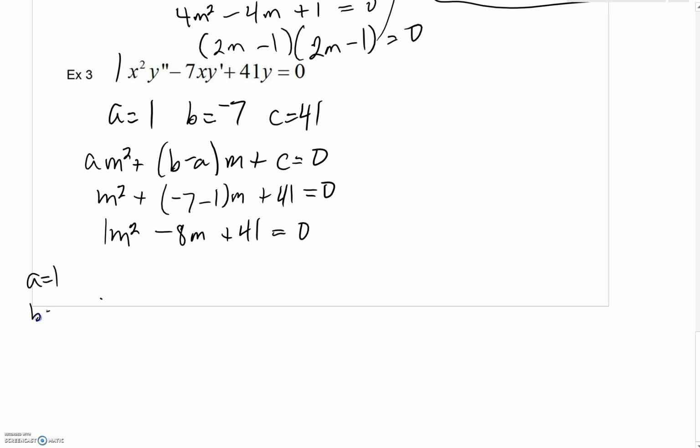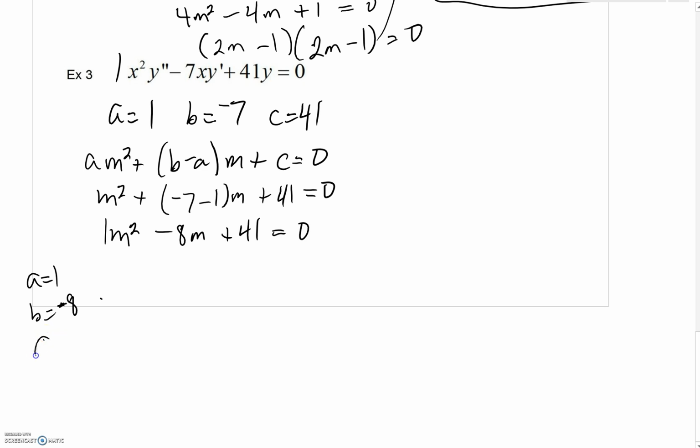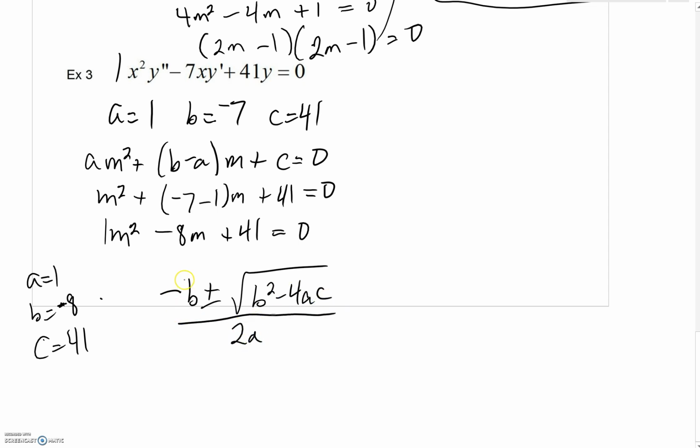A is equal to 1, b is equal to -8. I know that can look weird because we just had a b and a c, but we could say the quadratic equation is opposite b plus or minus the square root of b squared minus 4ac all over 2a. We'll have opposite b, well, that's an 8. And -8 squared for b squared, that's 64.